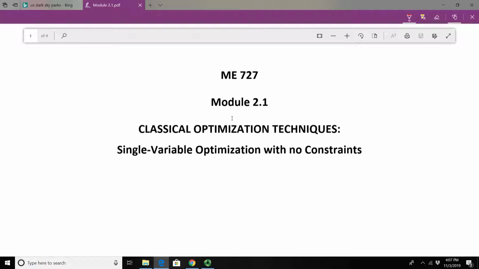Here, classical is stuff that started in the 17th century by Newton, went through the 18th century, 19th century, and sometimes even into the 20th century, as we'll see later. Modern techniques started fairly recently, in the 70s and 80s, and it's still continuing.